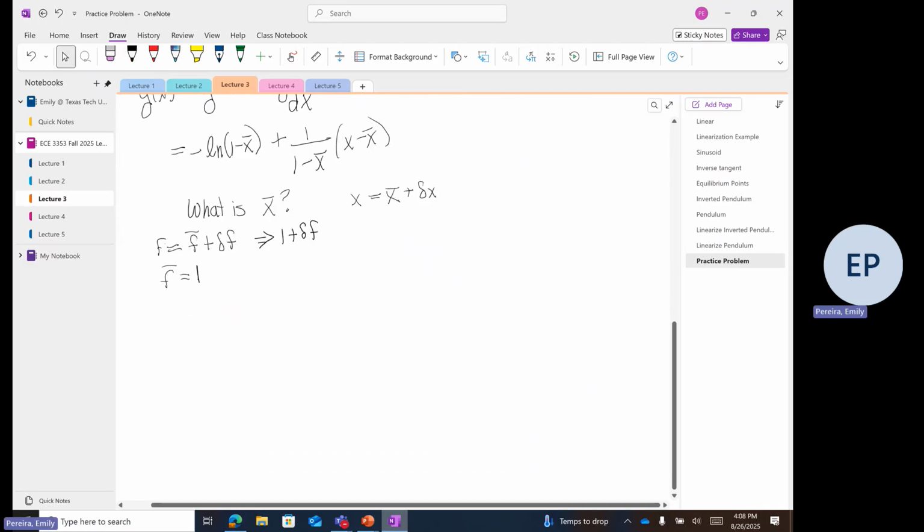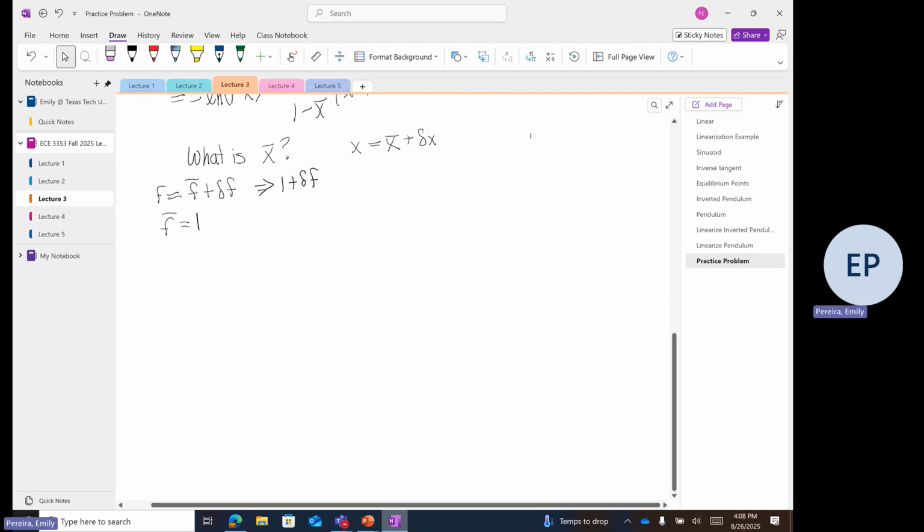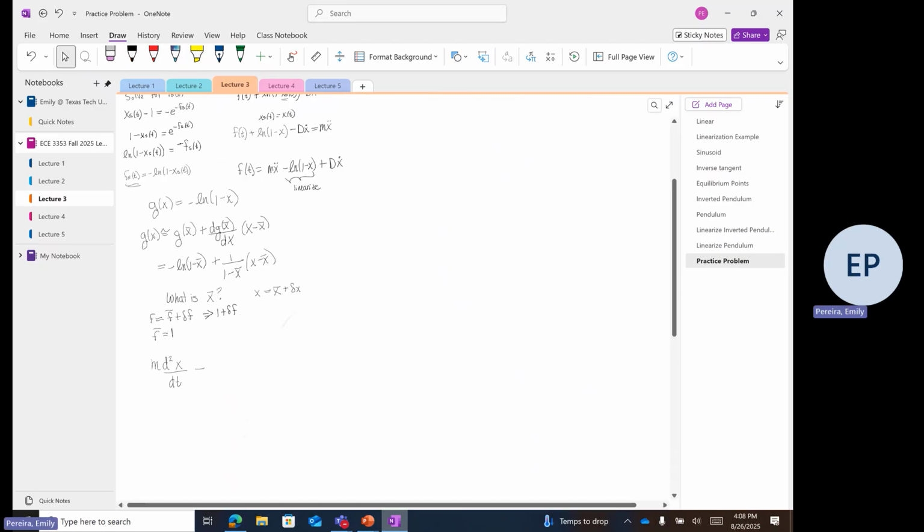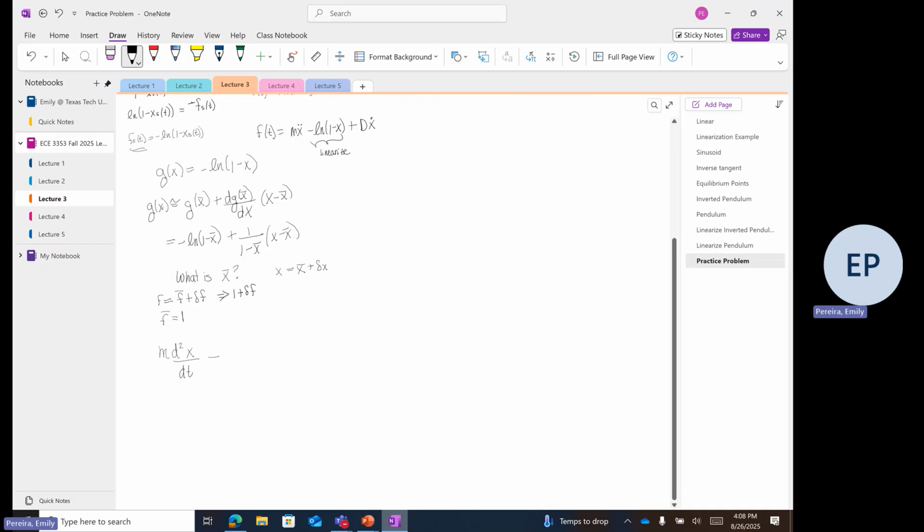All right, so what do I mean exactly? Well, we have m times the second derivative of x minus our nonlinear term. So this is the natural log of 1 minus x bar plus 1 over 1 minus x bar times delta x, plus d times the derivative of x is equal to f.